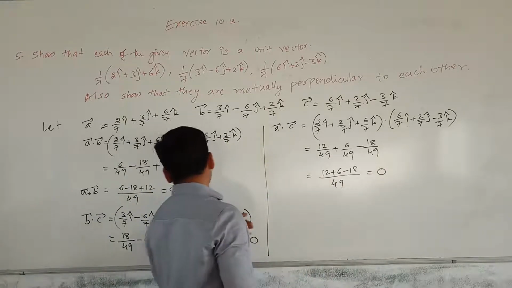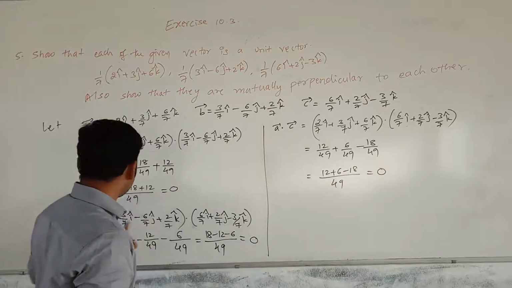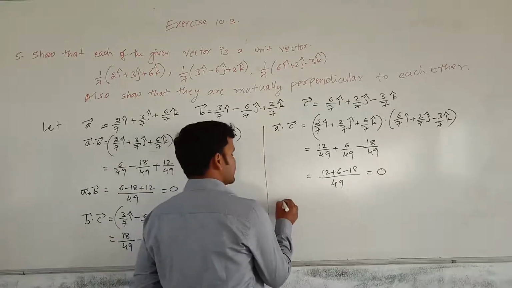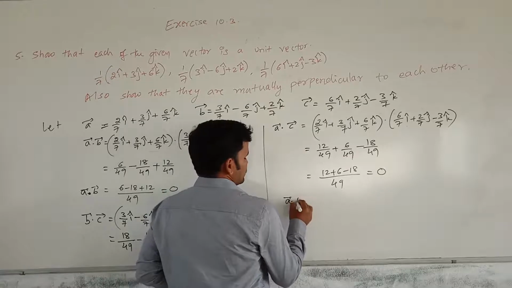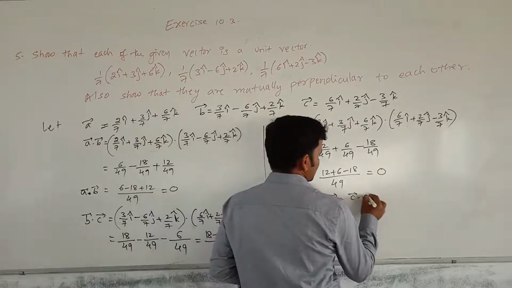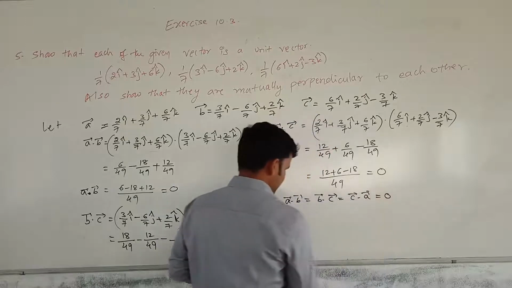So from these three I can write A dot B is equal to 0, B dot C is equal to 0, A dot C is equal to 0. I can write here A dot B is equal to B dot C is equal to C dot A is equal to 0.